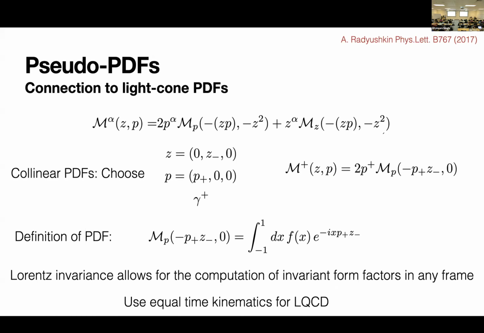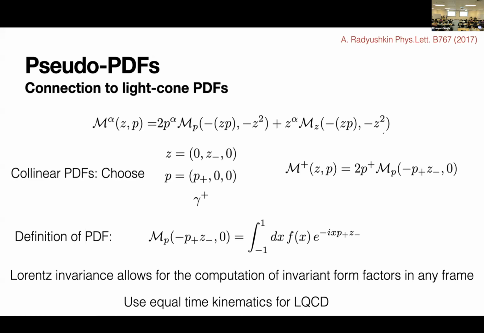So if you use these kinematics that define the PDF, you immediately realize that this thing, which you would call the PDF up to a Fourier transformation, is given by this invariant form factor M_P. But this M_P is the same for all possible kinematic choices due to Lorentz invariance.